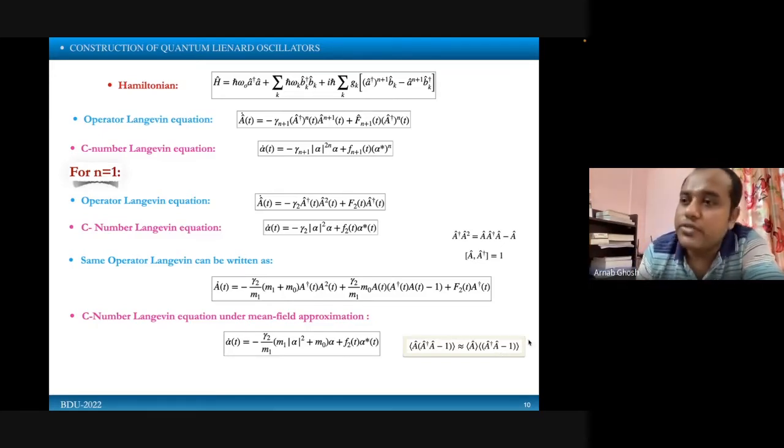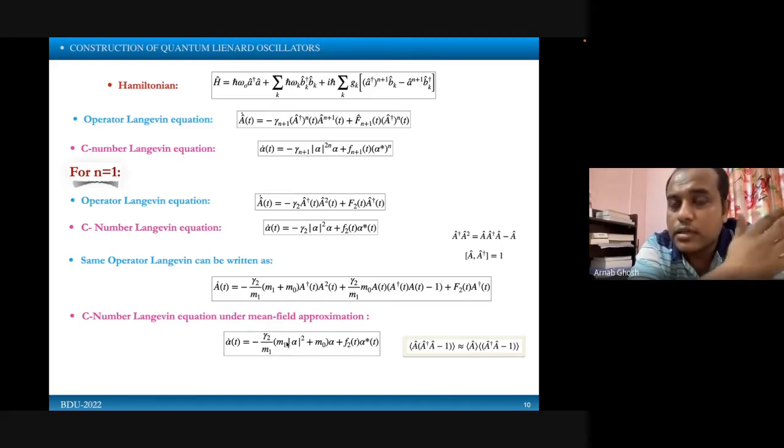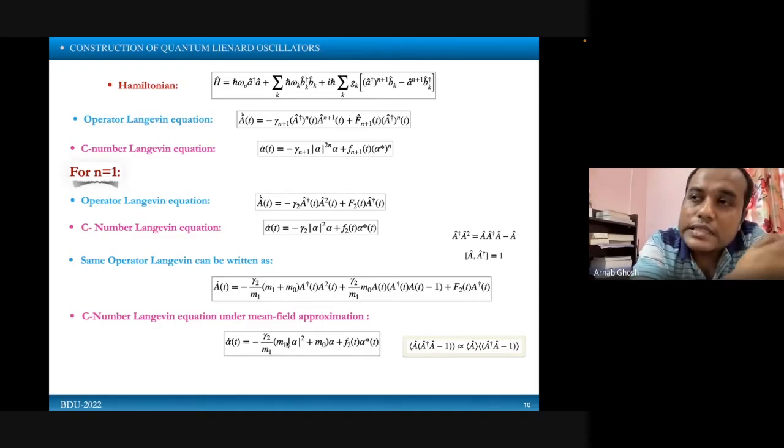Under this mean field approximation, this equation is derived, and we are going to show that although the Rayleigh and the van der Pol oscillators, as in classical systems, represent very different kinds of limit cycle oscillations and apply to very different contexts, like van der Pol may be used to explain circadian oscillations, and Rayleigh may be used for nonlinear mixing and so on, from the microscopic picture these two oscillators are equivalent at the mean field level.